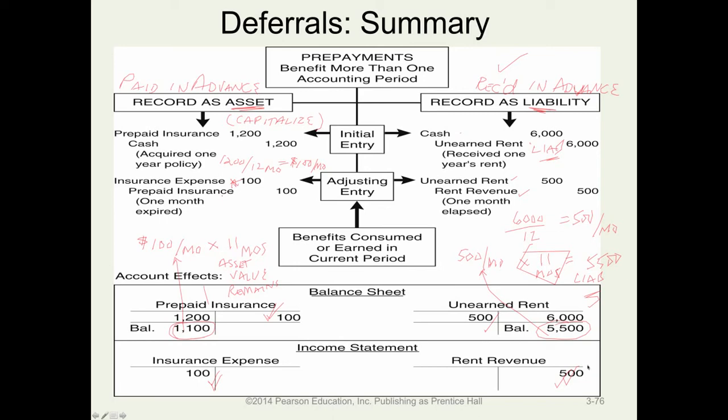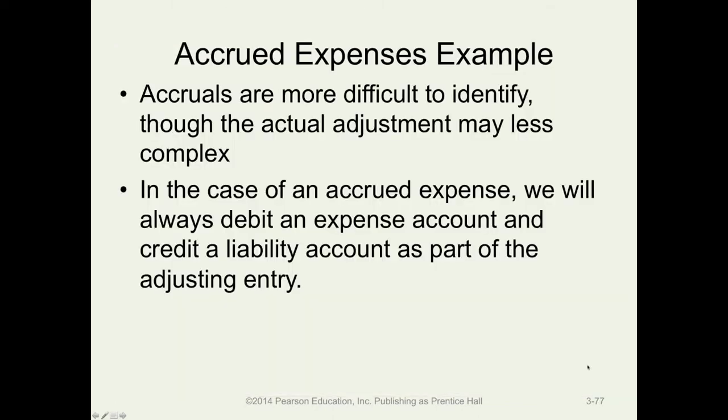Now, let's get to the accruals. And accruals, as you said, may not be as complex to work with, but they are in fact more difficult in some ways because you can't identify them. And let's start with accrued expenses. Accrued expenses are expenses that are incurred, unpaid, and unrecorded at the end of the accounting period.